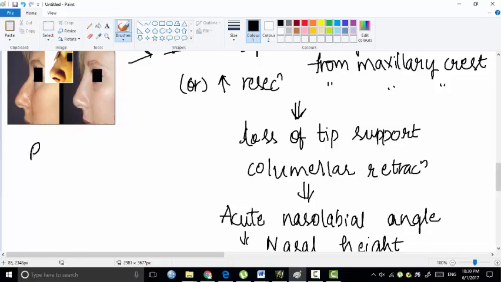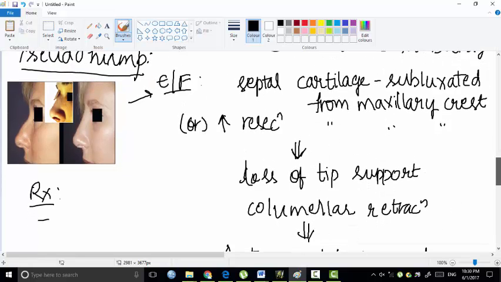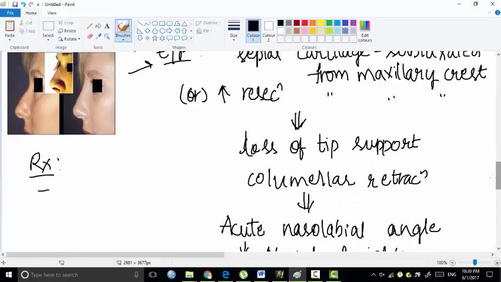So what do you do for the treatment? The major treatment here is, one, treat the cause. Always if you want to give effective treatment, you will have to treat the cause. Here the cause is septal cartilage subluxation. So what you have to do here is reposition the septal cartilage which is subluxated, right?